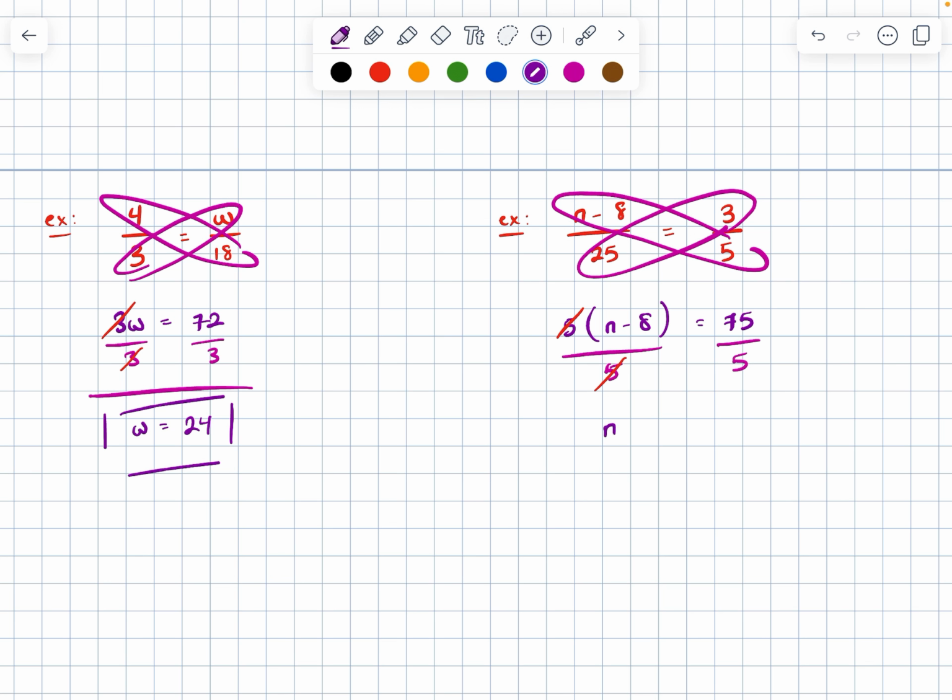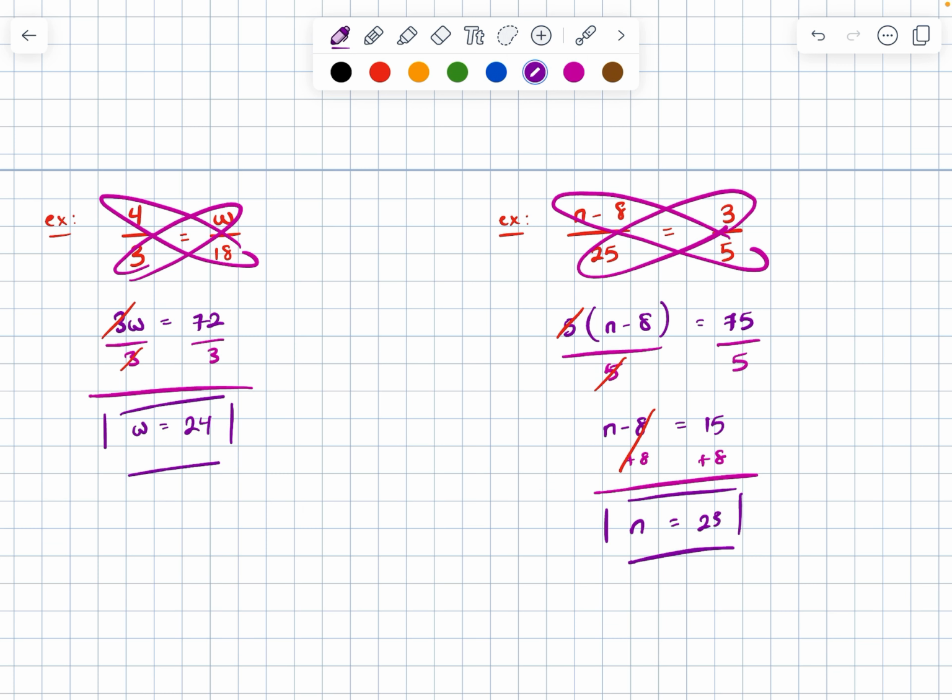So here, dividing both sides by 5 gets rid of the 5 on the left side. I'm left with n minus 8. And then 75 divided by 5, feel free to fact check me here, I believe is 15. Oops, n minus 8 is 15, but I'm not quite done because n's not by itself. I need to get this n isolated. I have a minus 8. Let's undo it with a positive 8. And here n is going to be equal to 15 plus 8, which is 23.